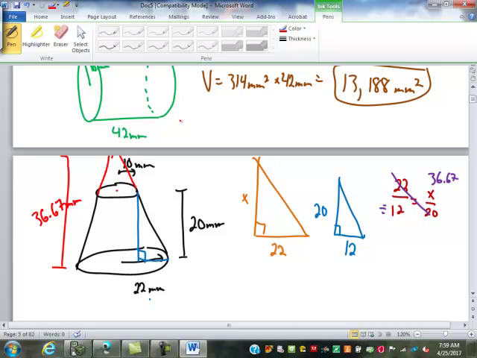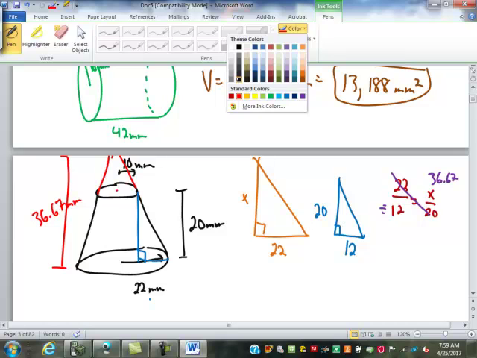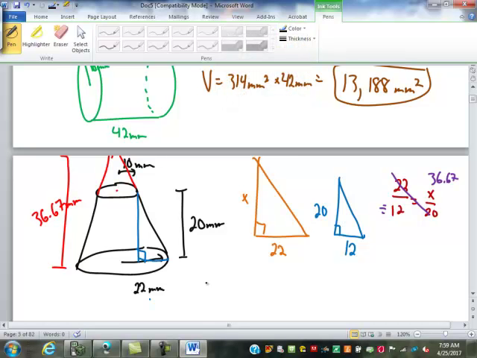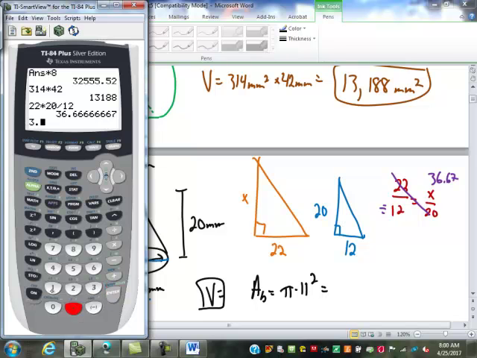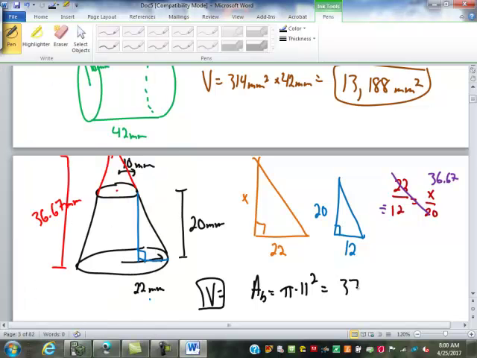So what we're going to do is find the volume of that full cone. We're going to find the area of the base. The area of the base is pi times 11 squared, 379.94.